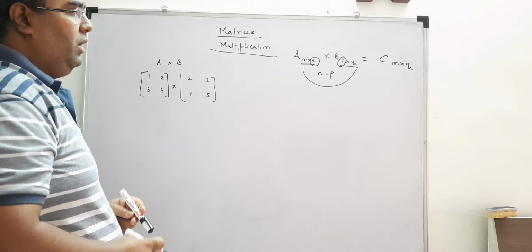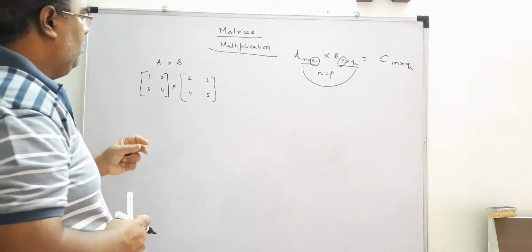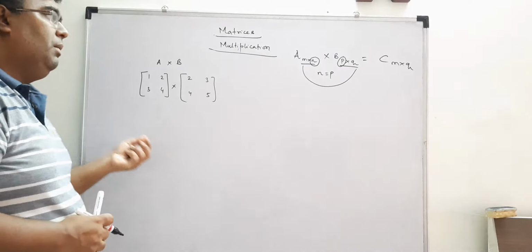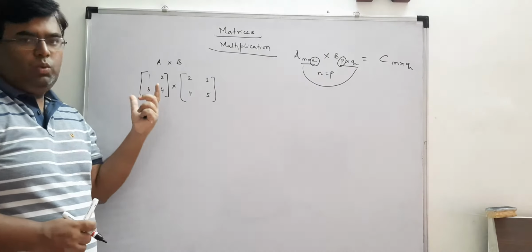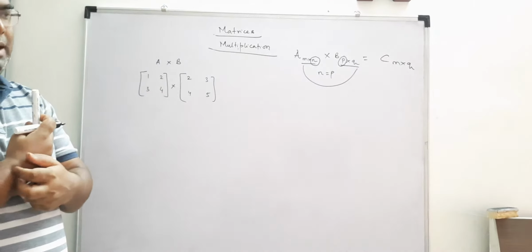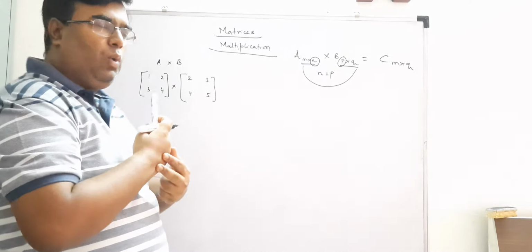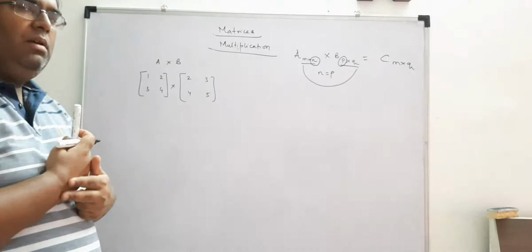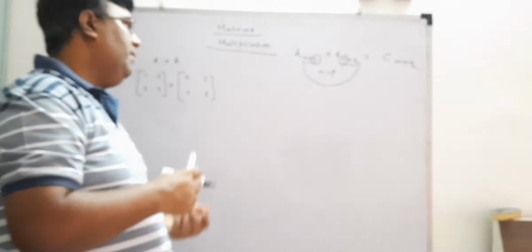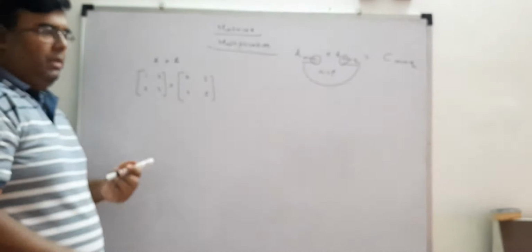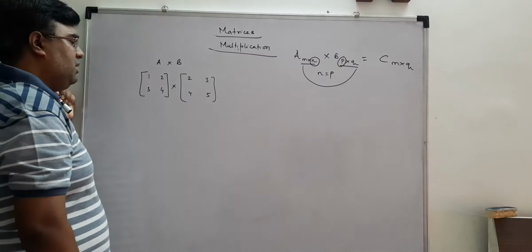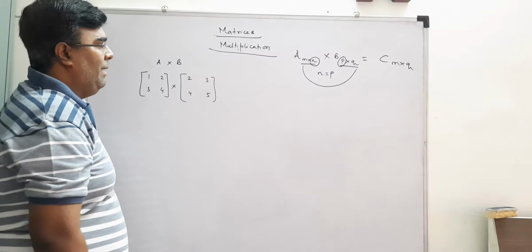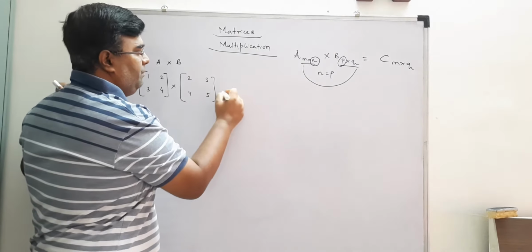Now let us find out the way of doing this multiplication. I have taken two matrices A and B, both 2 by 2. I am taking very simple matrices. You can apply the same method with any other matrix. I'll show you some other examples also. Let us understand how the matrix multiplication happens.